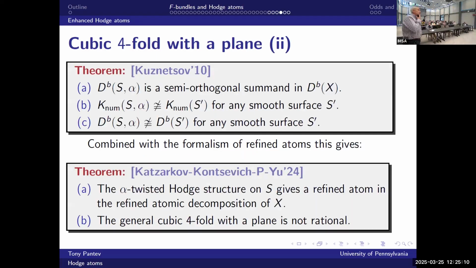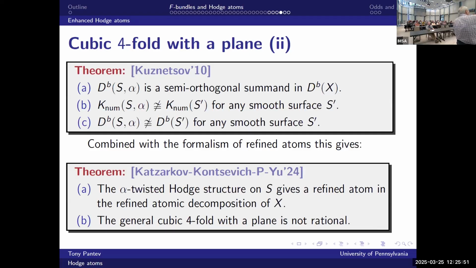Kuznetsov has shown that the derived category of sheaves on the two-torsion gerbe is a semi-orthogonal summand of the derived category of X, in particular the homology of the twisted sheaves is a summand in the Hodge structure of X. He also checked that the numerical K-theory of this category of twisted sheaves is not isomorphic to the numerical K-theory of any smooth projective variety, and so the category cannot be equivalent to the category of any.